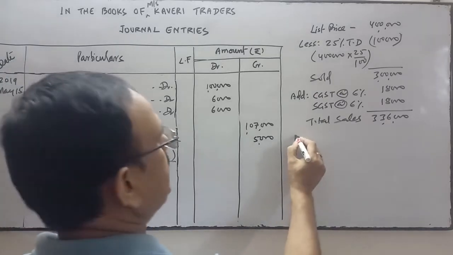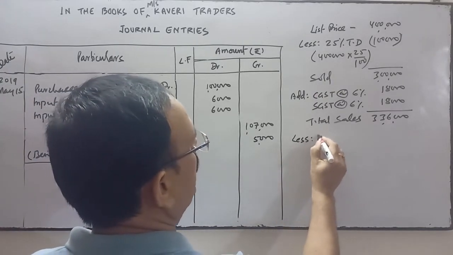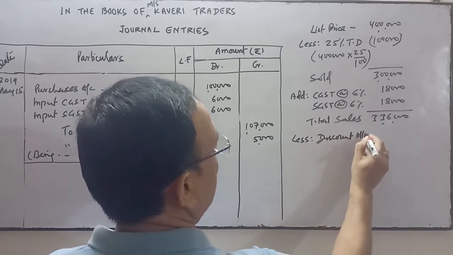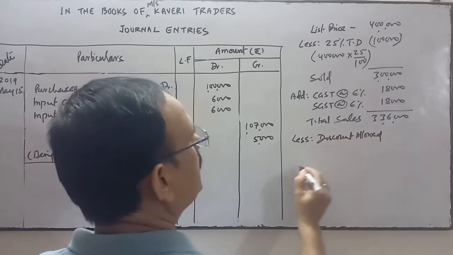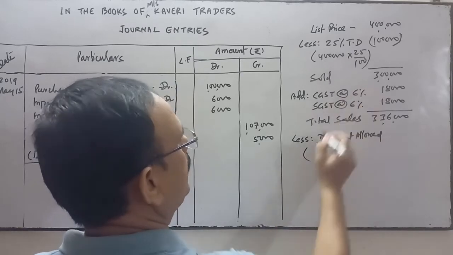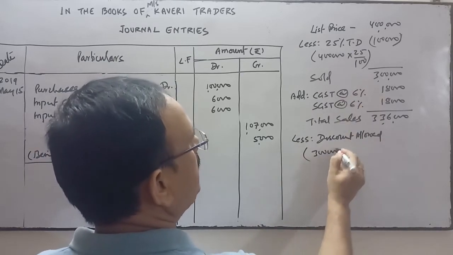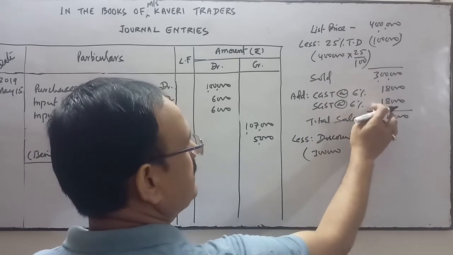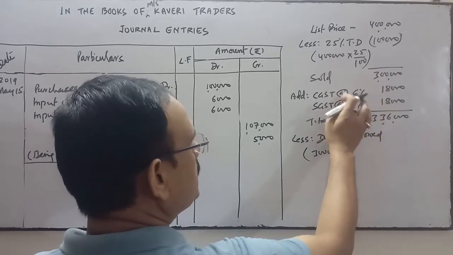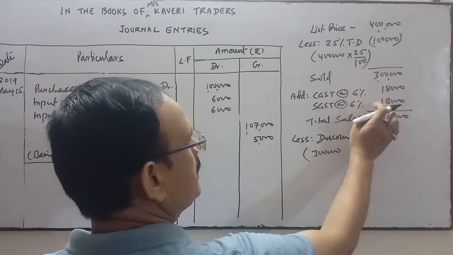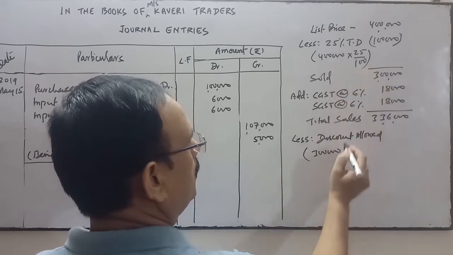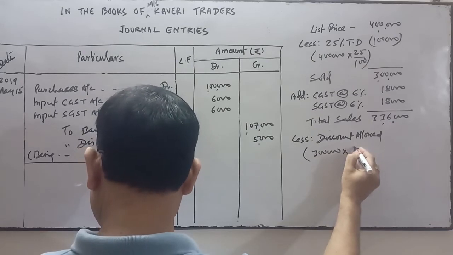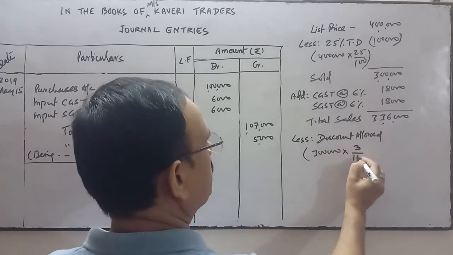When we receive the amount, then we allow the discount. Discount will be allowed on which amount? On 3 lakhs, not on the amount including CGST and SGST. Discount is allowed on the raw figure, 3 lakhs, at the rate of 3%.